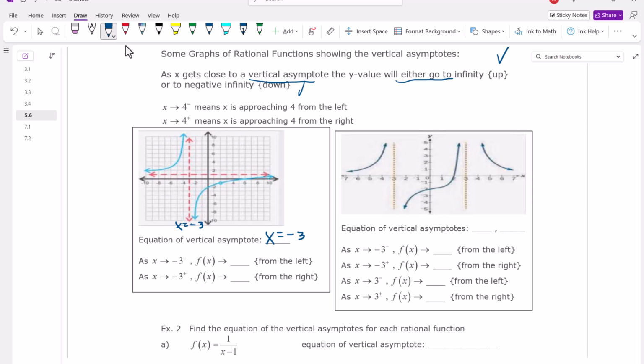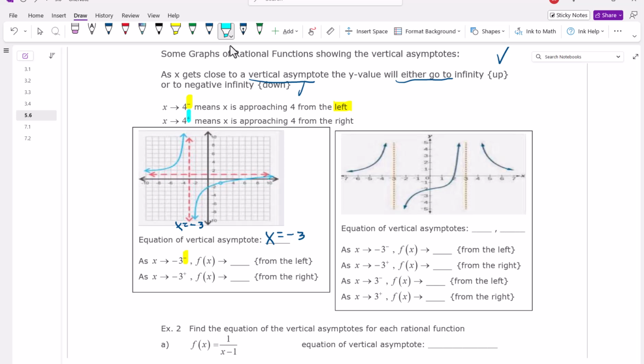So this is some notation you may or may not be familiar with. If I do this, this is saying x arrow negative 3. Well, the arrow means approaches. So if you look at what I have up here, this says x is approaching 4 from the left. The reason it's approaching from the left is that the superscript is a negative. The next one says x is approaching 4 from the right.